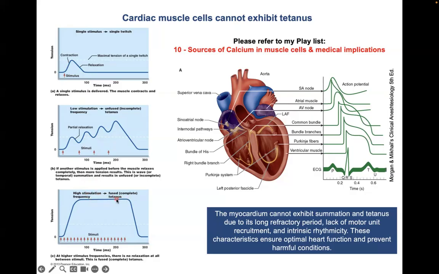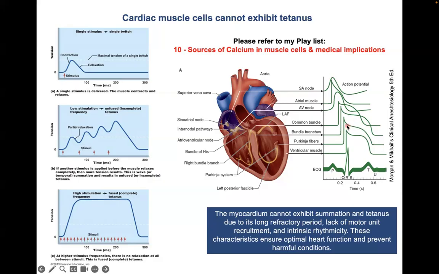This is possible in the case of skeletal muscle cells because the action potentials there are very short as compared to the action potentials in the cardiac muscle. It is not possible to have a tetanus in the cardiac muscle because, remember, if the SA node triggers the next action potential, as it arrives in myocardial cells, it arrives at this point here, which is an absolute refractory period.